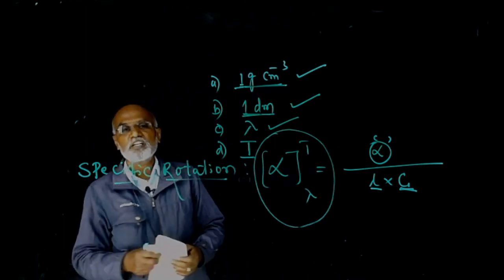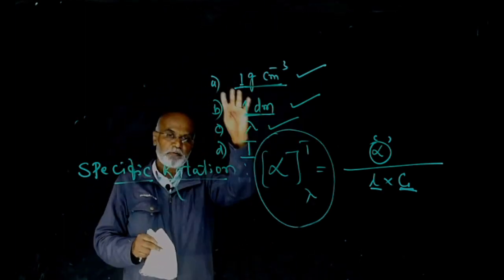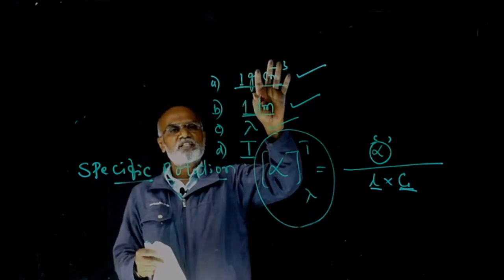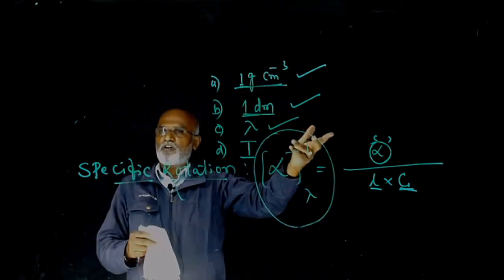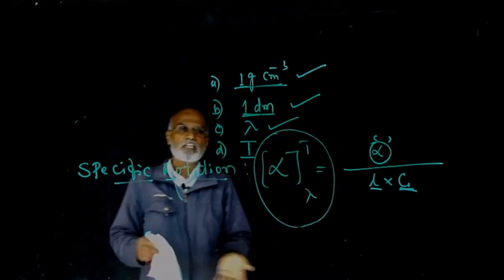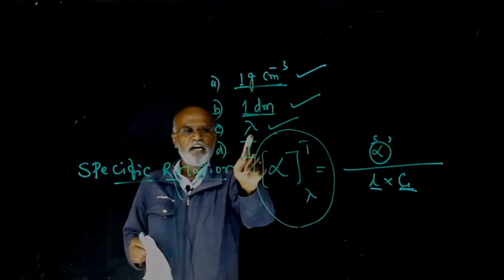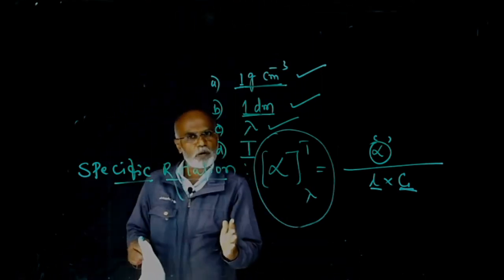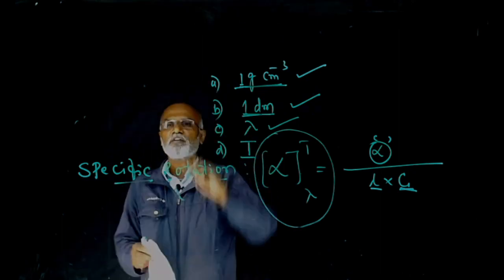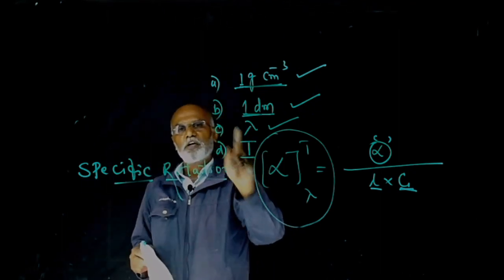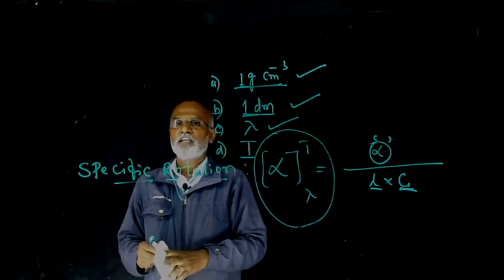So specific rotation depends on four factors. It depends on the concentration of the solution. When you change the concentration of the solution, there is a change in the specific rotation. It also depends on the length of the solution. Where there is a change in the length of the solution, there is a change in the specific rotation. It also depends on the wavelength of the plane polarized light we are using at the time of doing the experiment, so with a change in the wavelength the specific rotation also changes, and a change in temperature also changes the specific rotation.